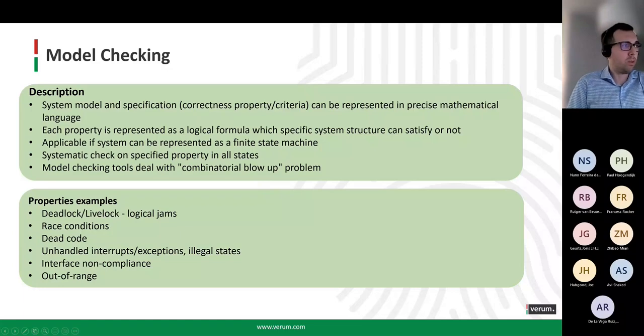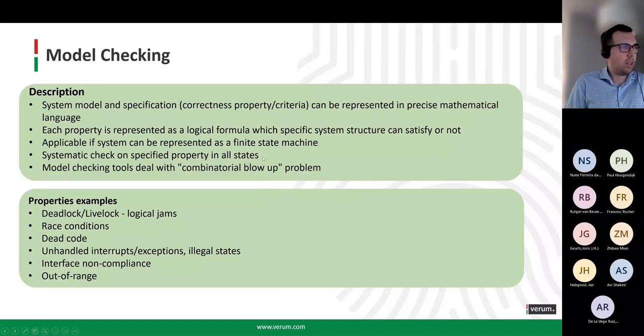This method is applicable for systems that can be represented as a finite state machine. I will explain what the state machine is, but basically, if you are familiar with enums in C, or SysML, or Stateflow from MATLAB, you probably know what a state machine is. In general, our software can have different states, and we can move through those states through some kind of events and triggers.